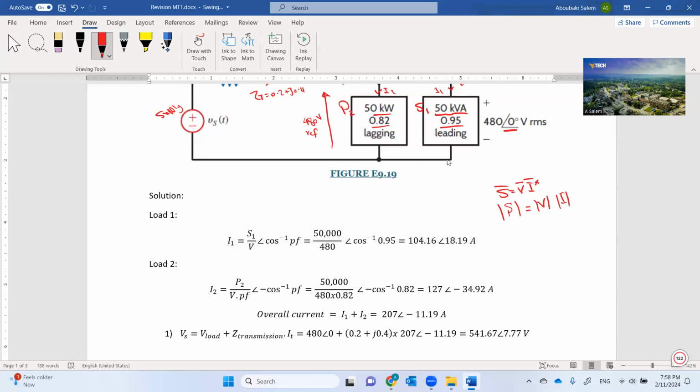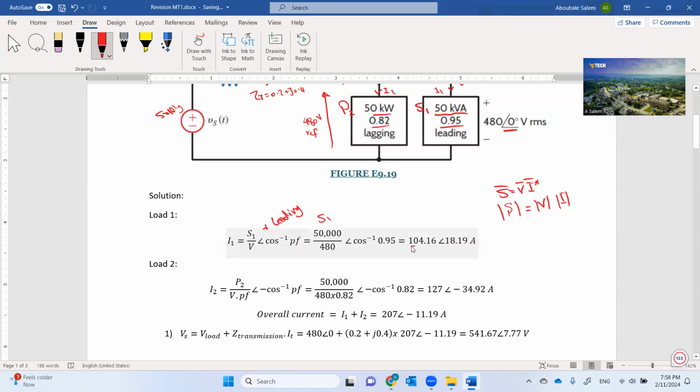For the first load, it's a leading power factor. So I1 equals S1 divided by V, and the angle is cosine inverse of the power factor, with a plus sign because this is leading. S of load 1 is 50 kilovolt ampere, the volt is 480, and the power factor is 0.95.